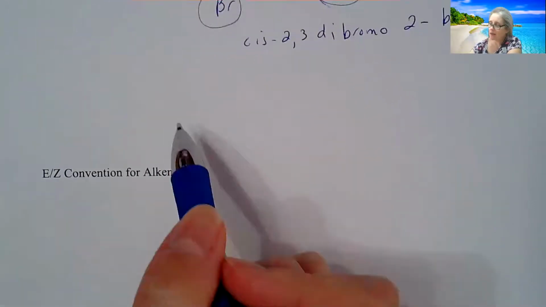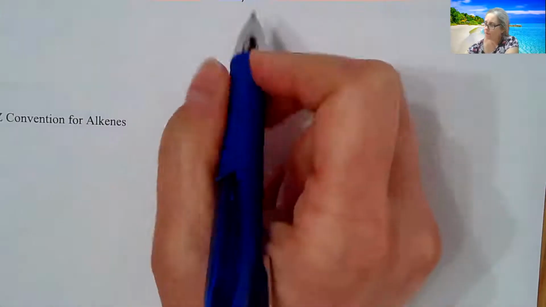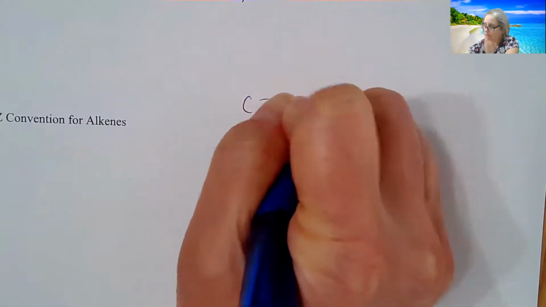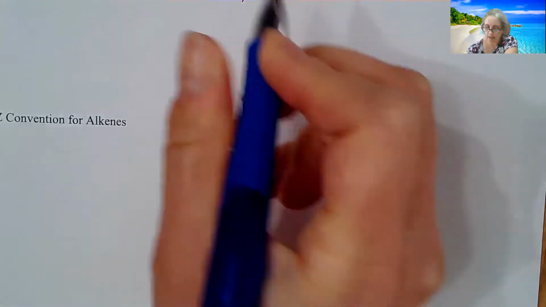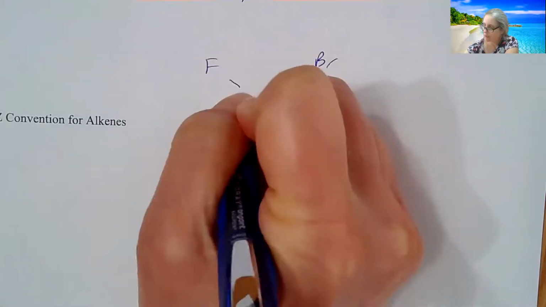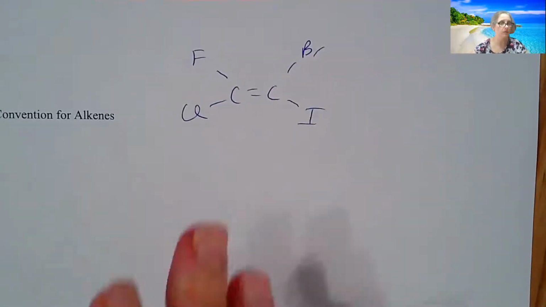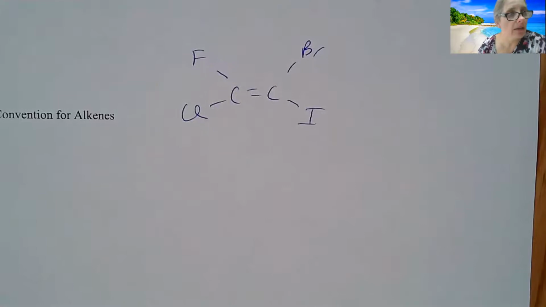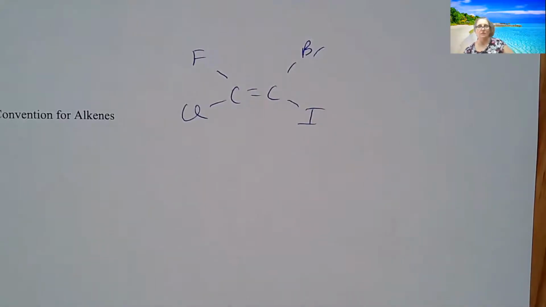But we have another naming convention that is more useful for the more varied options you might see in organic chemistry. Again, I'm going to keep it relatively simple: C double bond in the middle, with fluorine and chlorine on this one, bromine and iodine on this one.